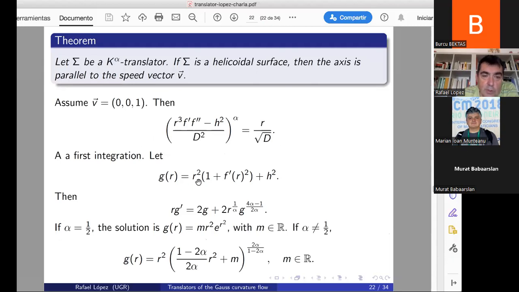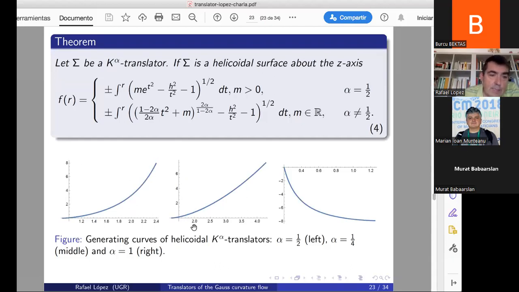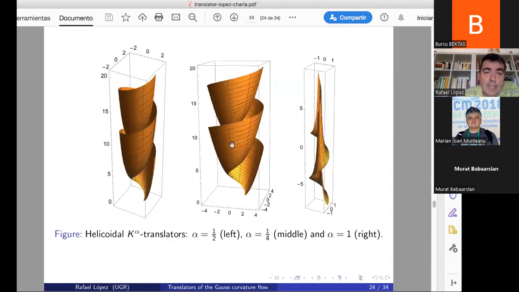Now I introduce this function, which is exactly D. Then we obtain a first integral of the equation, and with this equation we can study the domain of the solution. Here there are some pictures about the profile curve. Also in this case, depending on alpha, the function is defined on a finite interval or not. And also here some pictures of the helicoidal surfaces.